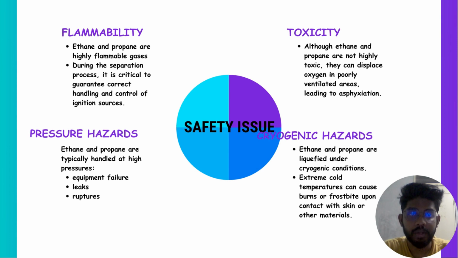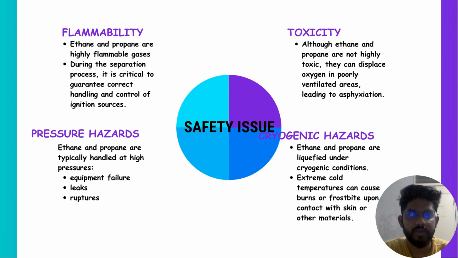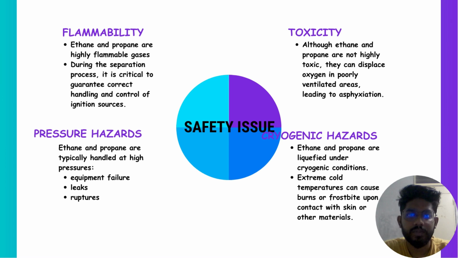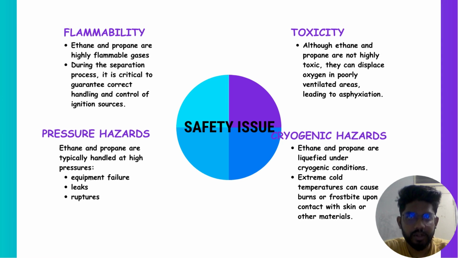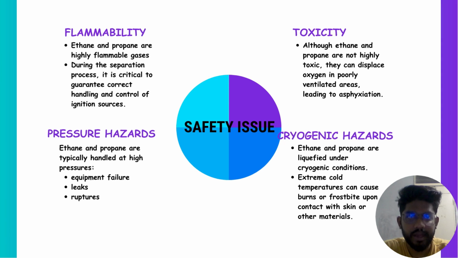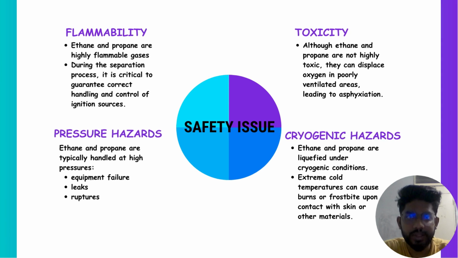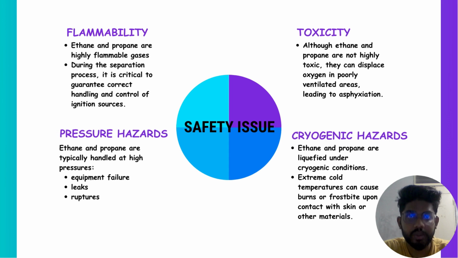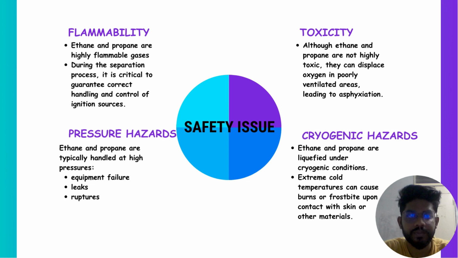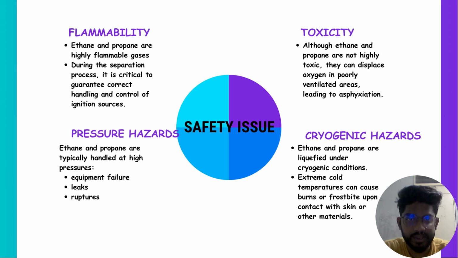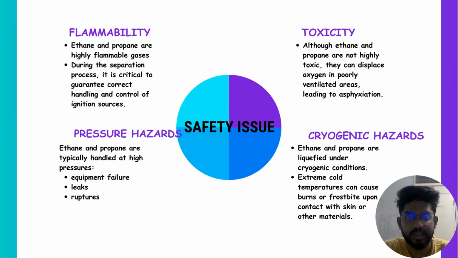Okay, now I'm going to explain the safety issues for the flash column. First one is flammability. We use ethane and propane, which are highly flammable gases. During the separation process, it is critical to guarantee correct handling and control of ignition sources. Second one is pressure hazard. Ethane and propane are typically handled at high pressures and may cause casualties such as equipment failure, leaks and ruptures.